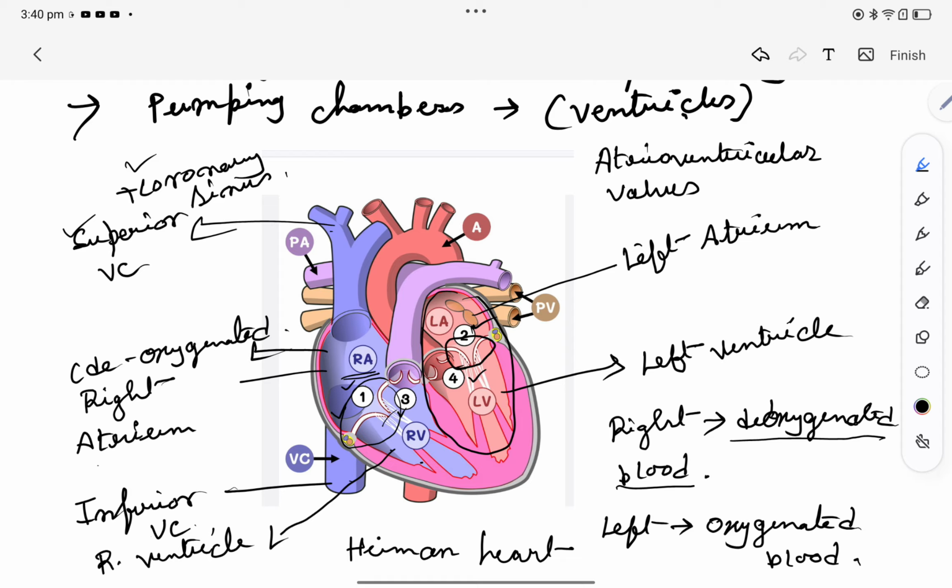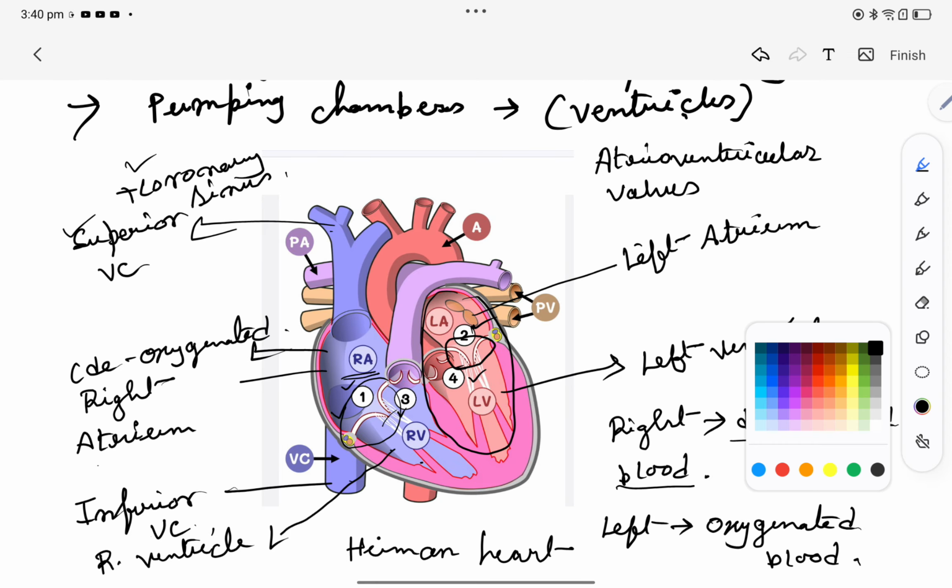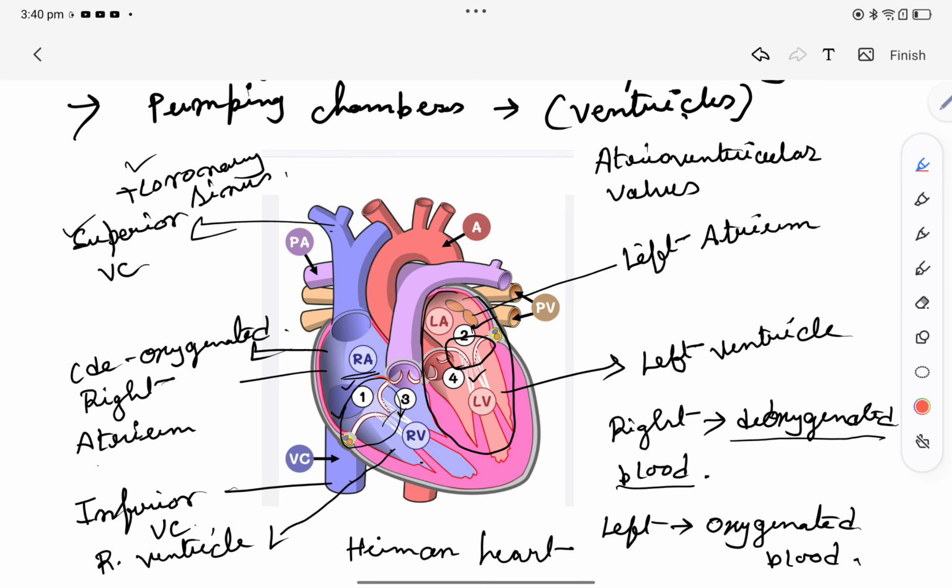Okay, these are what? I'm going to mark it in another color to help. So these two valves are atrioventricular valves.